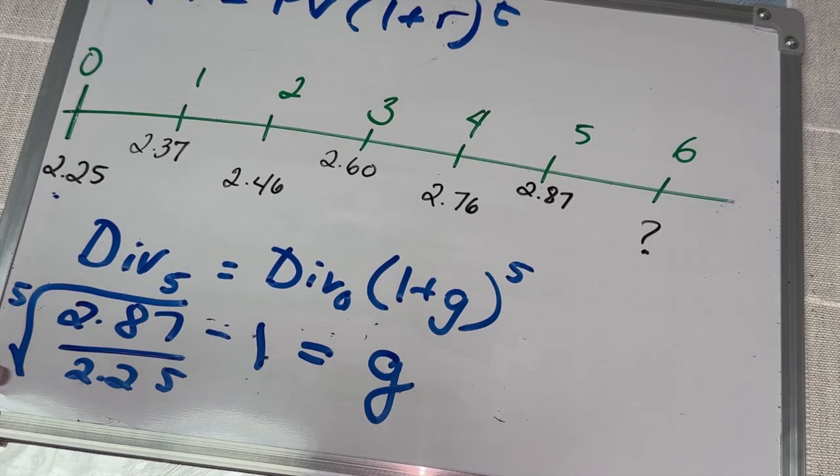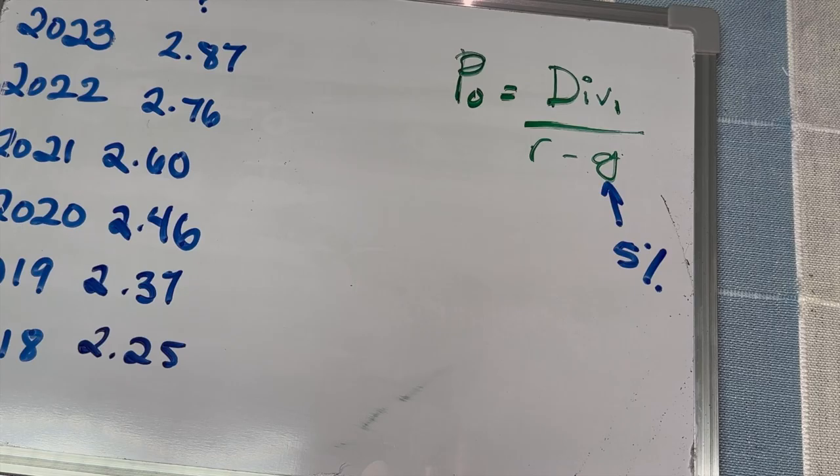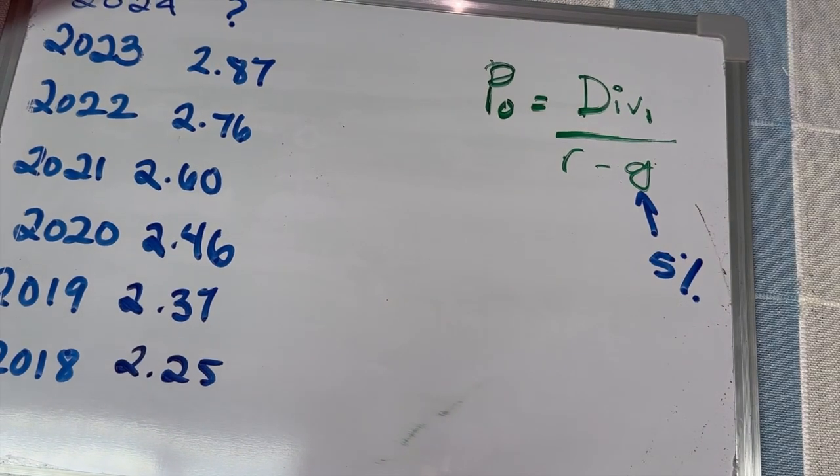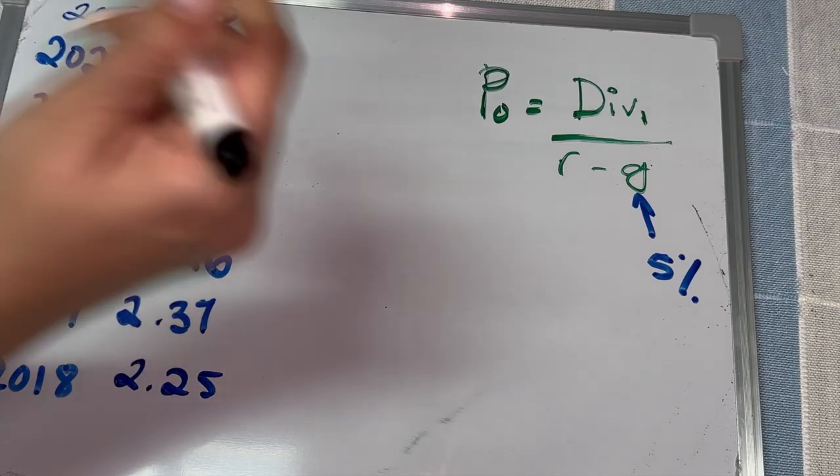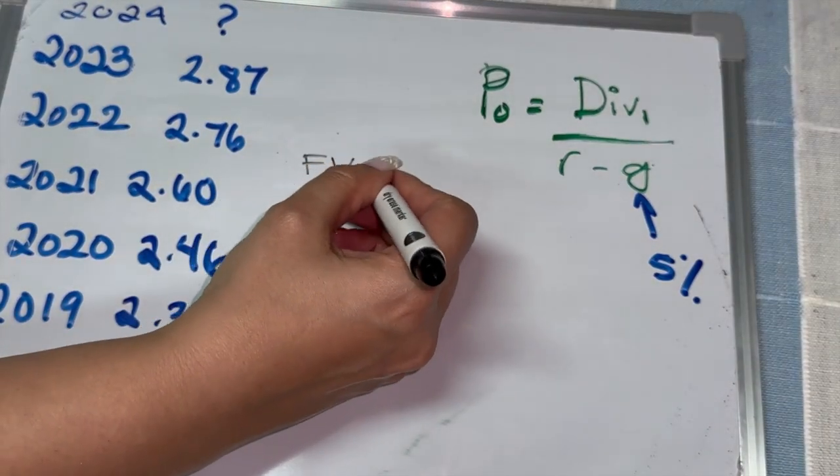Okay? So take a few minutes, pause the video, do the calculation, and see what you get for G. So now that we found G to be 5%, we need to calculate the next dividend. So back to our future value, present value formula. Okay?